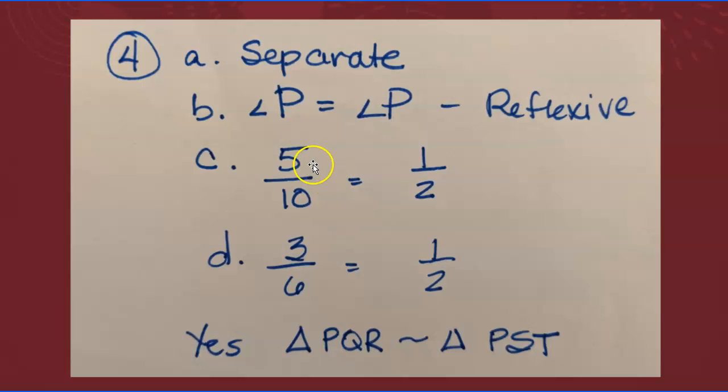And here I decided to go with the smaller one on the bottom. So remember, the 2 together came up to 10, so 5 over 10 equals 1/2. The 2 together came up to 6, 3 over 6 equals 1/2. So I have proportional sides and I have an equal angle. So that means triangle PQR is similar to triangle PST. That's what I want you to write for the similarity statements.